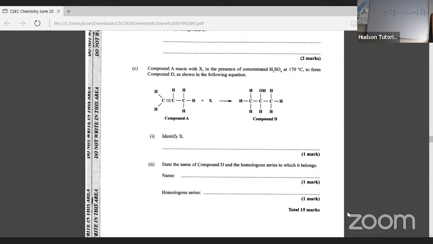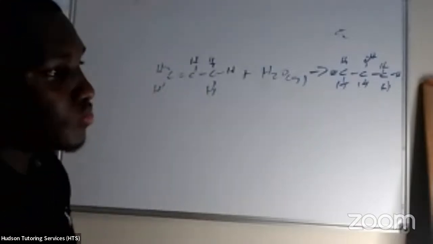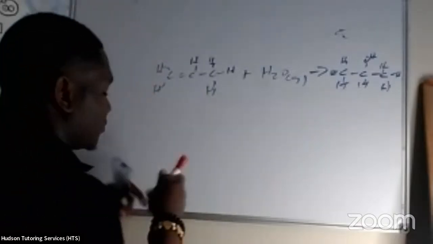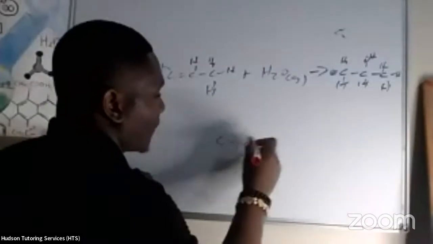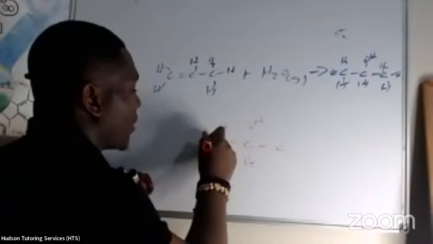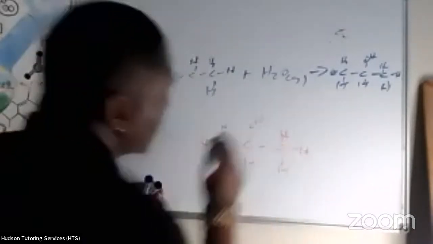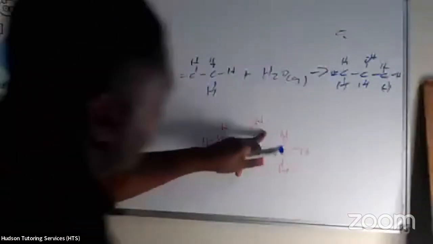Part 2, it says state the name of compound B and the homologous series to which it belongs. How would we name this? So, naming of compounds. Let's stop here. This is our compound. You realize that it has an OH group. The OH group signifies that, of course, it's an alcohol.